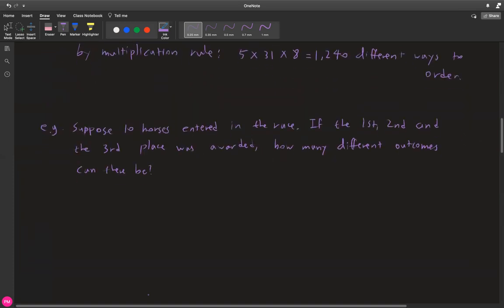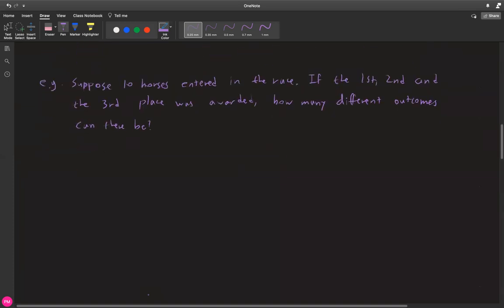So how should we approach this problem? This is actually a little bit different from the ice cream example where we have different choices, but it actually isn't too different. So let's actually think about it that way.